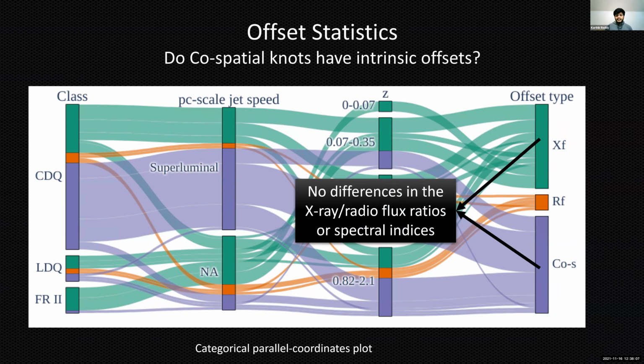The current data doesn't show any significant difference, so this suggests that all of these knots probably have offsets. So we are unable to detect them because of limited resolution, but another alternative explanation could be that the sample is clearly imbalanced, and you also don't have several knots to firmly conclude anything.